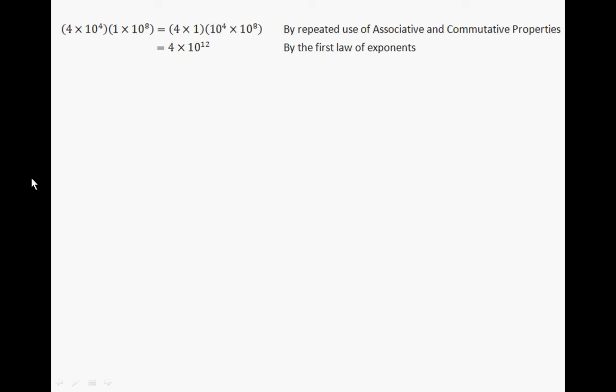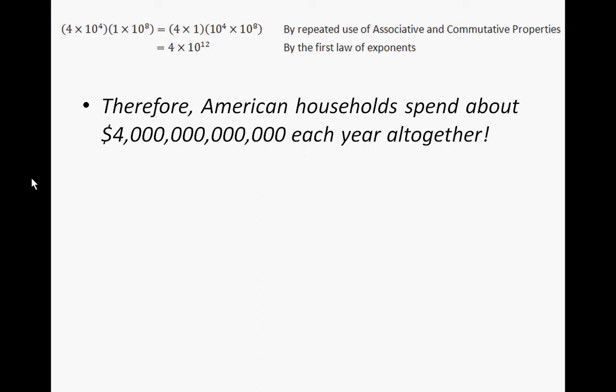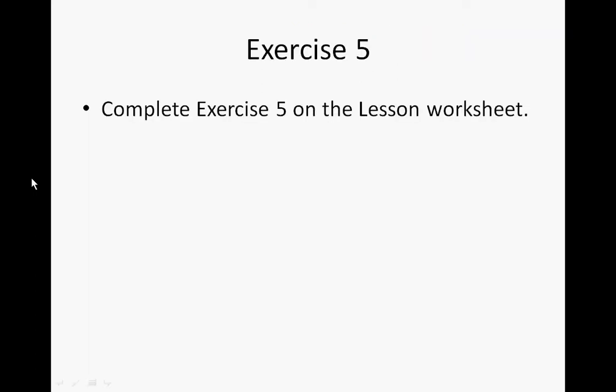So simplifying, 4 times 1 is 4, and because of the first law of exponents, when I have bases that are the same, I can add the exponents, so 4 plus 8 is 12, and that is how we get 10 to the 12th power. So therefore, American households spend about, and get this, $4 trillion each year altogether.